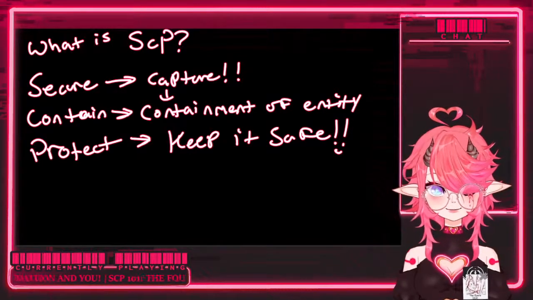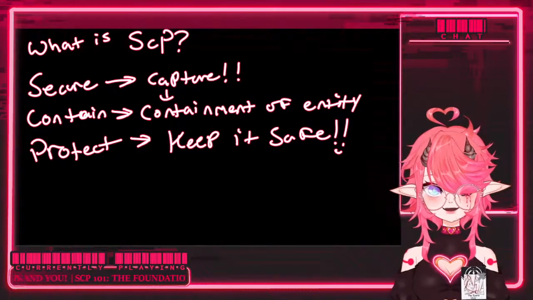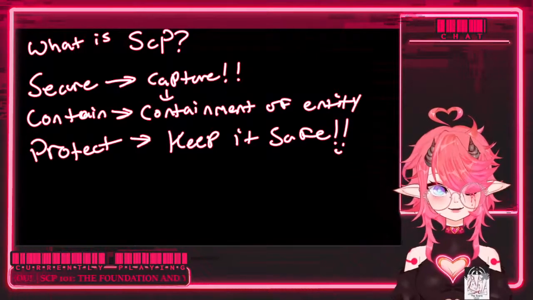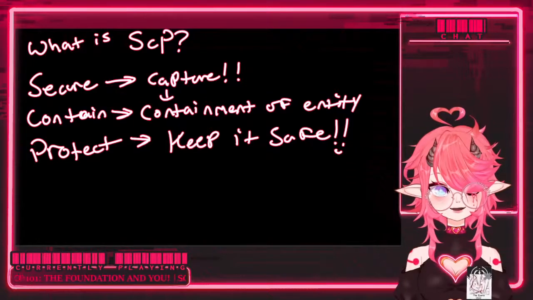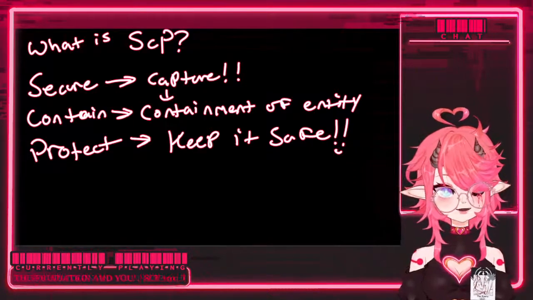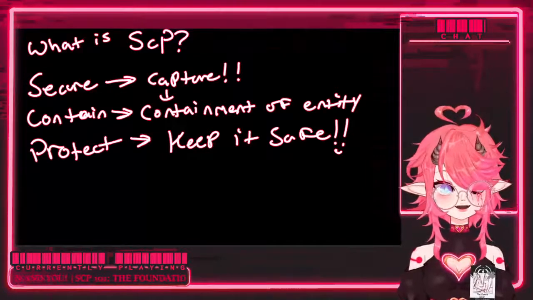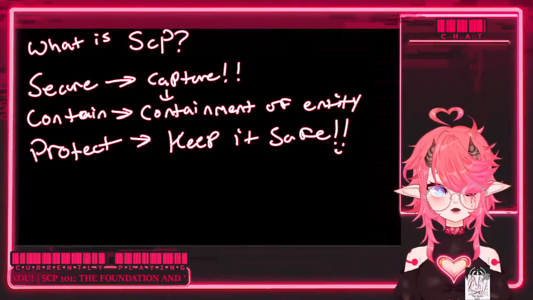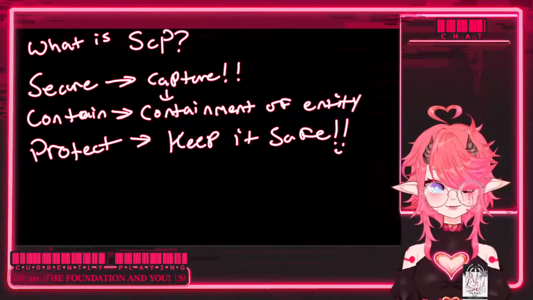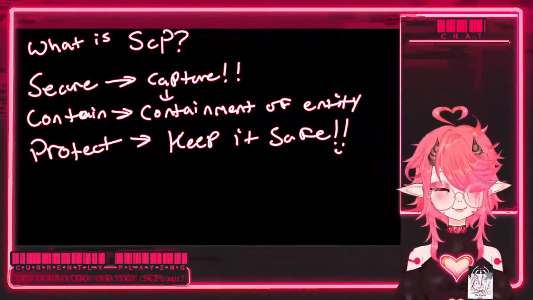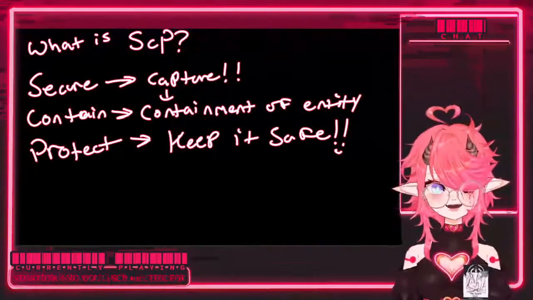When we do SCP and we consider secure, contain, protect, we also have to consider that we are looking to protect the entity or anomaly. The SCP Foundation itself does not engage with destroying entities or otherwise making sure that they just don't exist anymore.